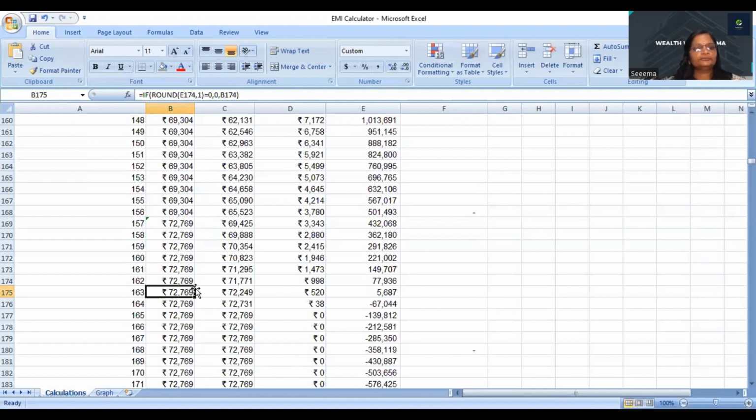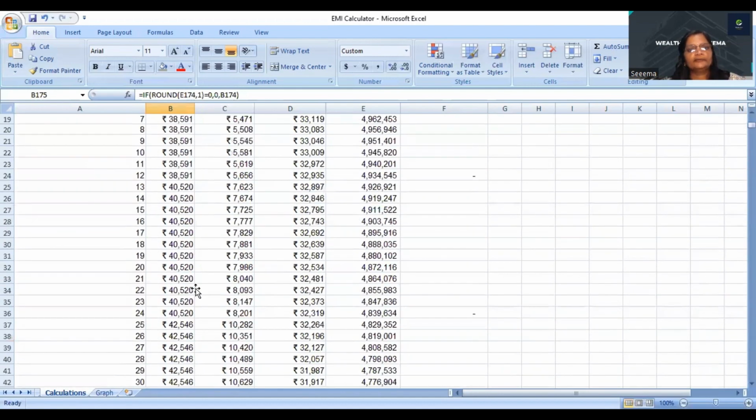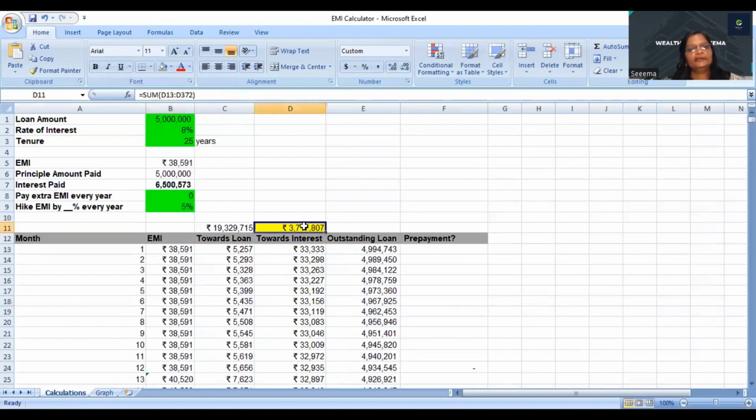That is somewhere close to 13 years. So within 13 years, you are able to close your loan, and the amount of interest that you are paying is only 37 lakhs. So is it not a saving of close to 28 lakhs that you are able to save?